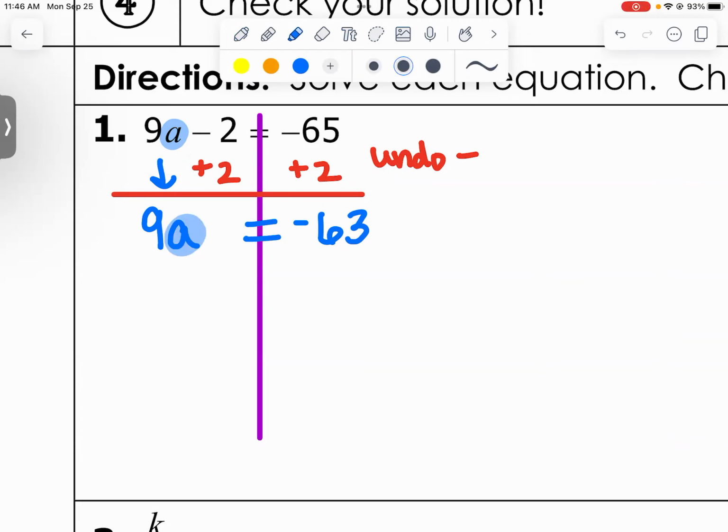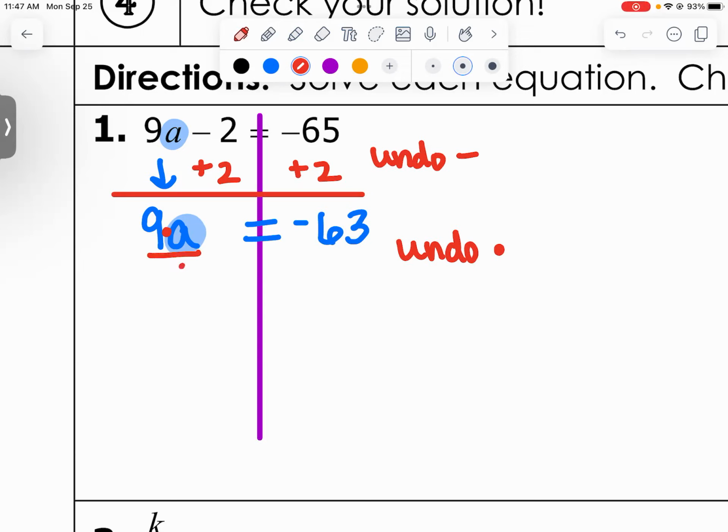Here's our variable A. We're still wanting to get it by itself. What operation is between 9 and A? We need to undo the multiplication with what operation, Callan?